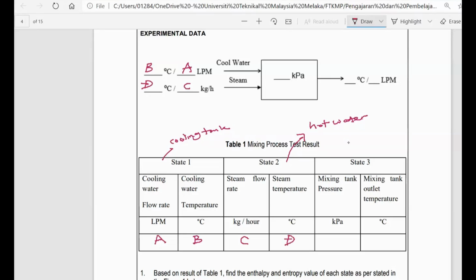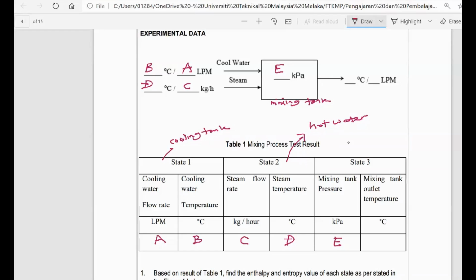The cool water and the steam, or hot water, will be mixed in the mixing chamber. So this is the mixing chamber, or mixing tank, with pressure. For example, the mixing temperature here is a certain value E. So this is the same E. Then, what is the temperature inside the mixing tank?